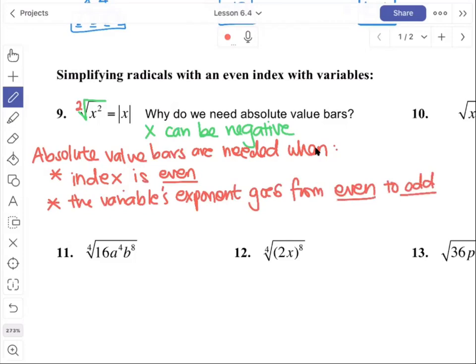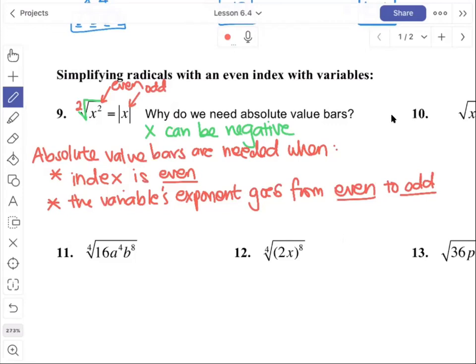So when it starts even inside the root and ends up outside the root being an odd exponent, then you need absolute value. So here it started with a 2, so that starts even. And this has an exponent of 1, so it ended odd. So that's why we need absolute value to make sure that is positive.